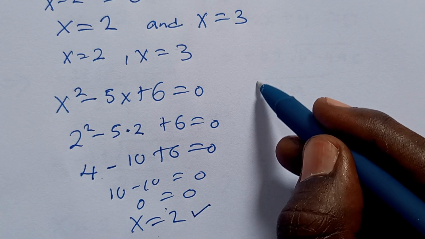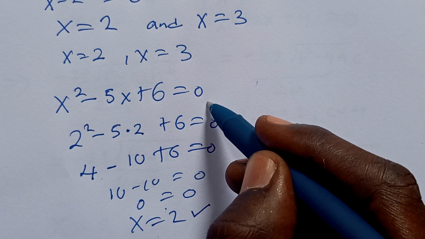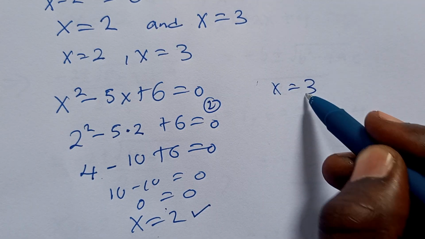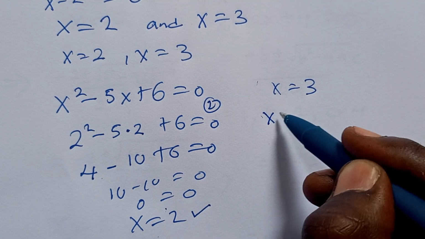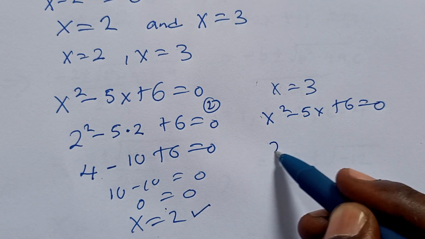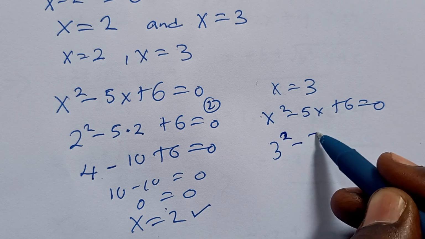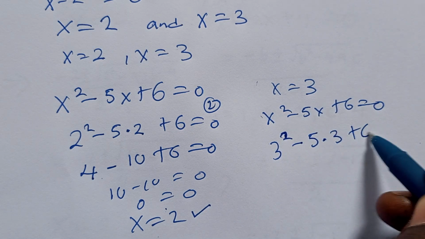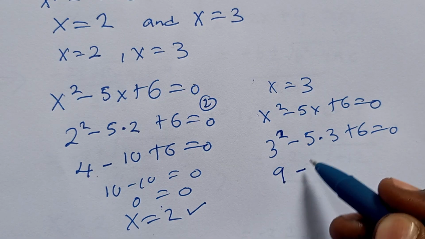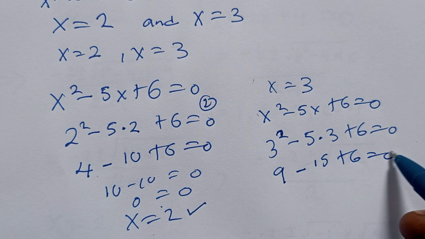So trying for x equals 3. We checked for x equals 2 here. So for x equals 3, substituting it in x squared minus 5x plus 6 equals 0. So 3 squared minus 5 times 3 plus 6, is it going to be equal to 0? 3 squared is 9, minus 5 times 3 is minus 15, plus 6 equals 0.